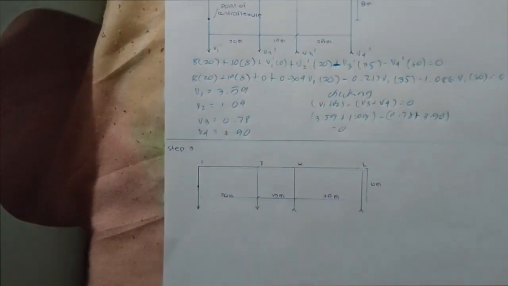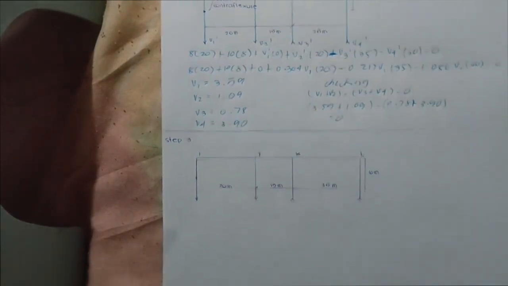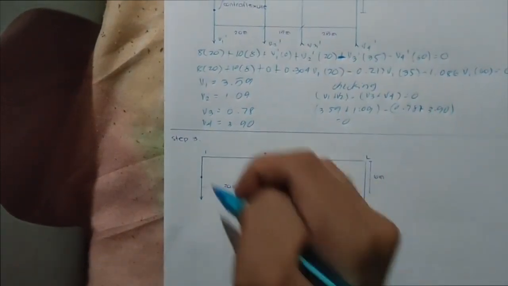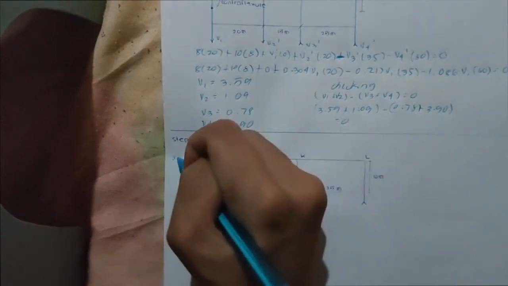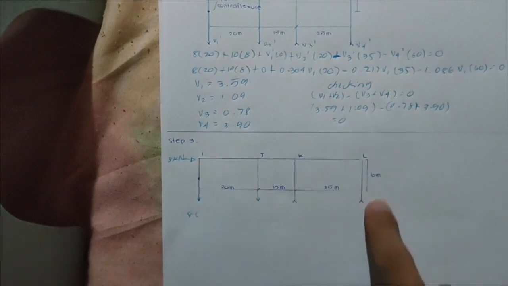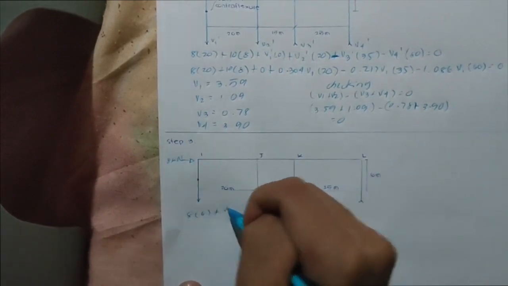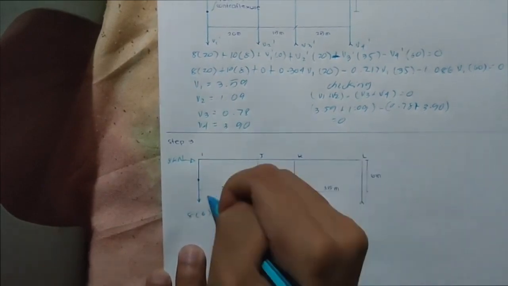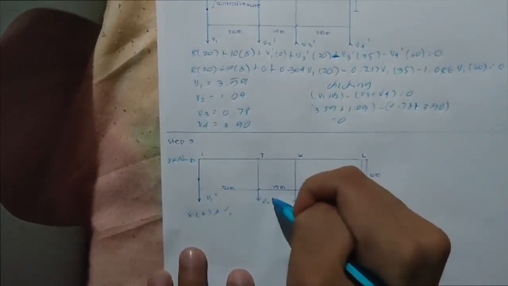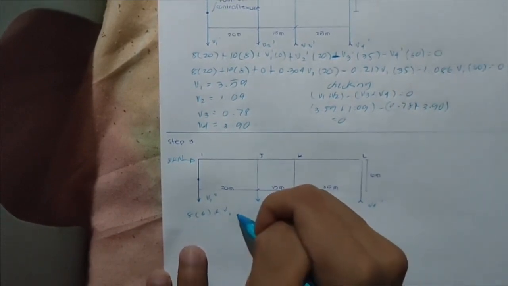So in the third step, we get the actual force in the column but in the second story. The same process here. We have the load of 8 kilonewton. So 8 times distance 6, plus V1 second floor, V2 second floor, V3 second floor, V4 second floor.